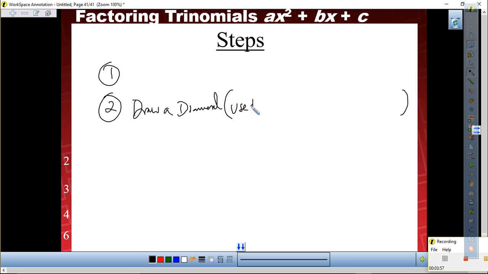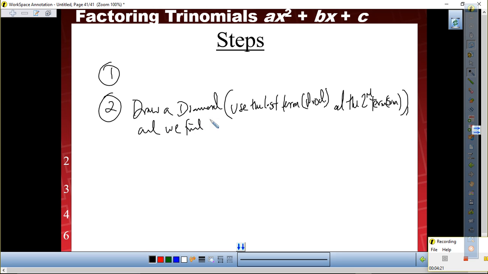The last term, and then you're going to write in parentheses product, and the second term, and in parentheses that's our sum. And we find 2 factors. That's what some of you were trying to say, right? Okay. All right, so think about it.